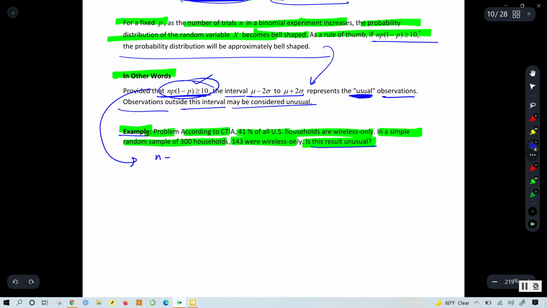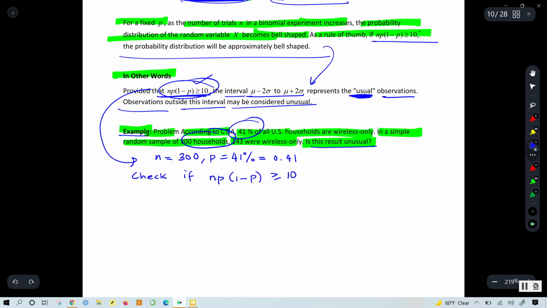In this case, our n is a random sample of 300 households, and our p is the 41%, which is 0.41.